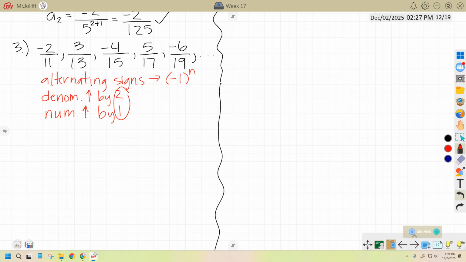So these 2 numbers are going to become multiplication in my equation. So let's take a guess at our equation based on what we see. A sub n equals, and I know that I need that -1 to the n to account for the alternating sign. I know this is a fraction because I have a numerator and denominator.